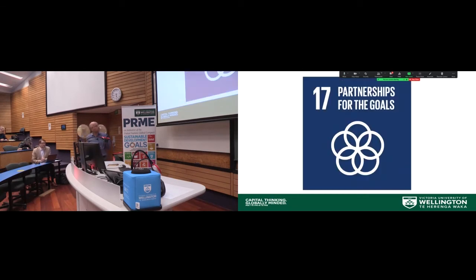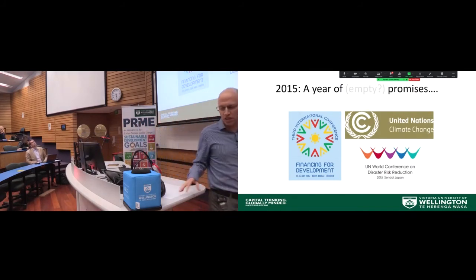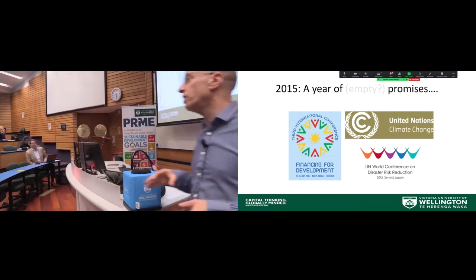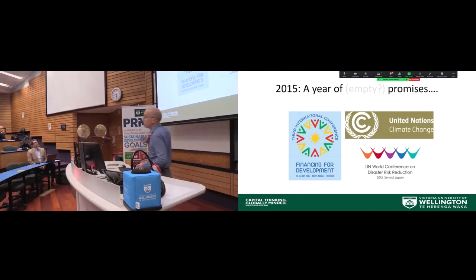Okay, we start actually with number 17, and that's the idea of partnership for the goals, the idea that we need to do this together. Now, if we look at disasters, 2015 was a very momentous year, not only because we agreed on the SDGs in 2015, but we had 3 other international agreements in the same year, right? We had the Paris Climate Change Agreement agreed at the end of 2015.